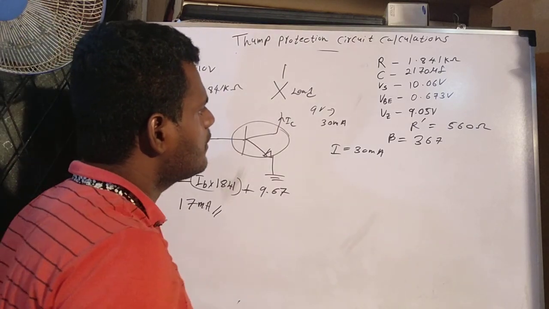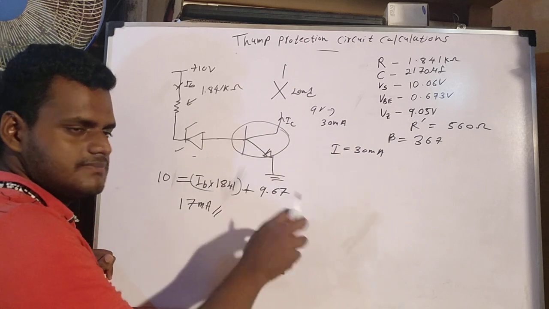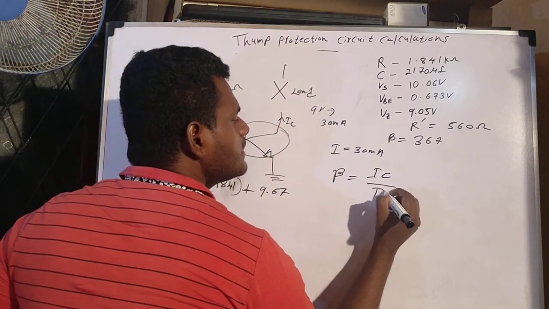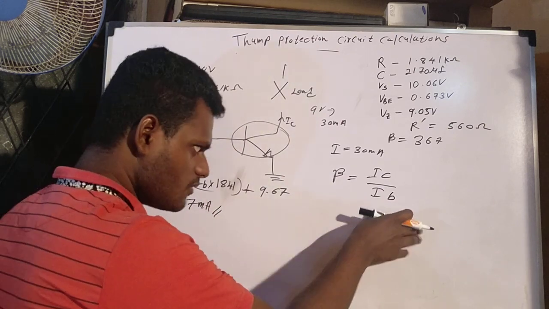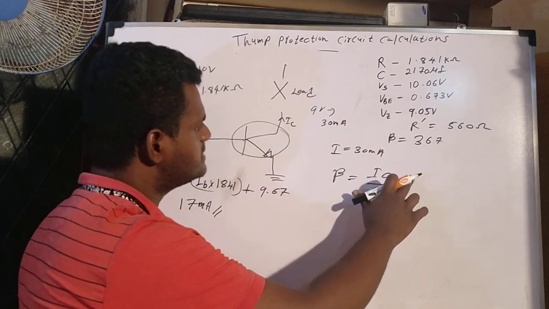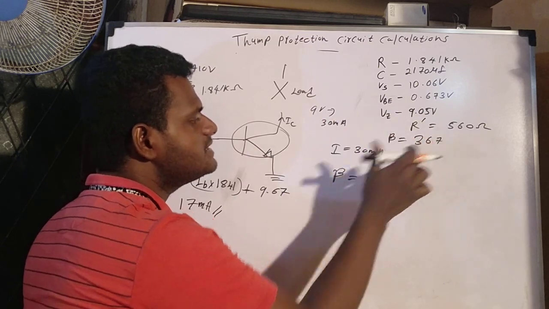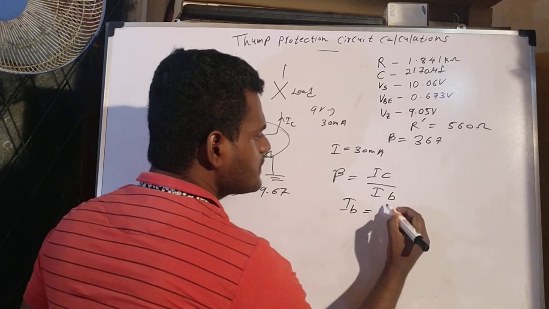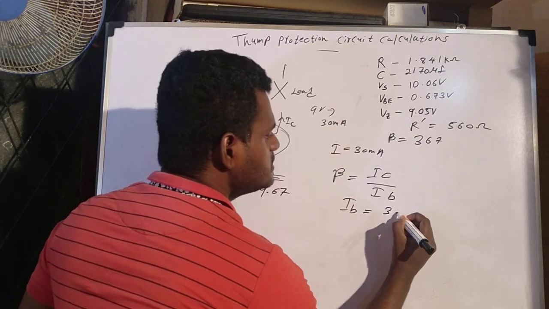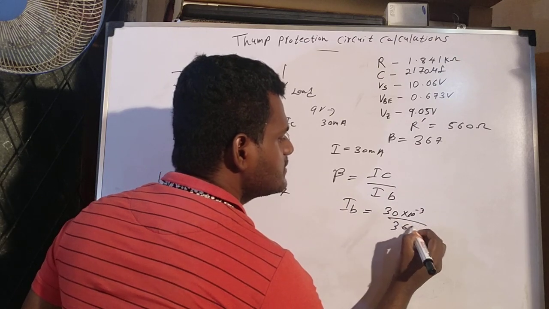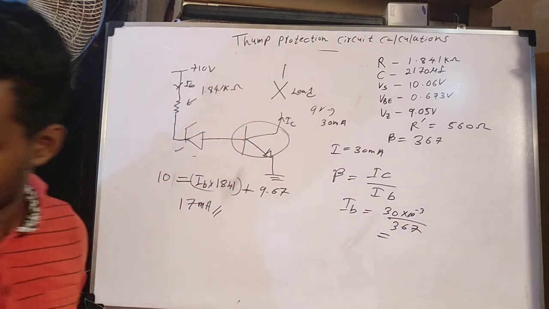Now, beta equals IC divided by IB. Now I can also find IB this way because we know the IC value and we know the beta value. So then I can find IB easily. IC means 30 times 10 to the power minus 3, divided by beta, 367.